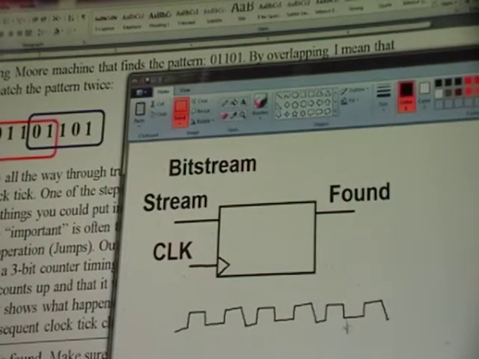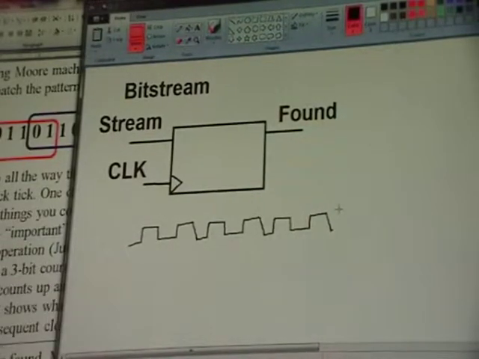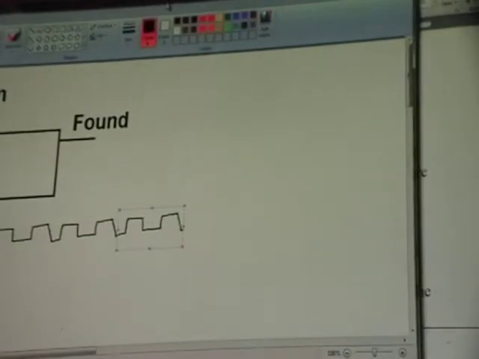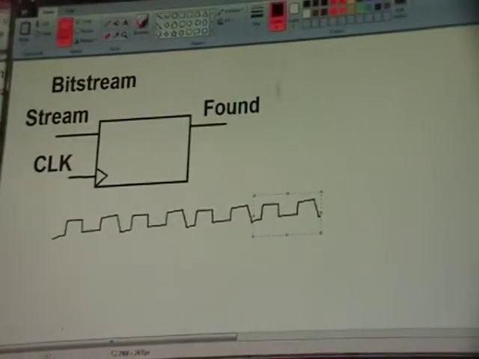Okay, it's way down at the bottom of the picture, so let's move this up. Okay, let's do another one or two. Oops, it's too far over. Okay, so this will be the clock.